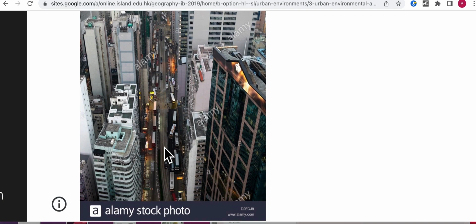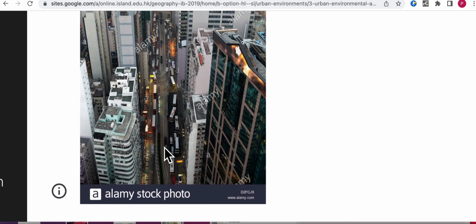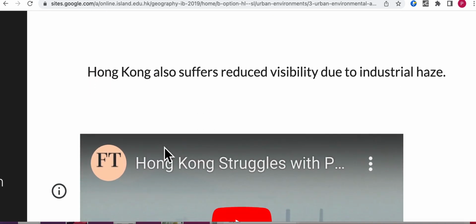The other thing that we need to be aware of is that when we get high levels of pollution, and you would have experienced this, the pollution itself can reduce the amount of sunshine getting down to us at street level and ground level.